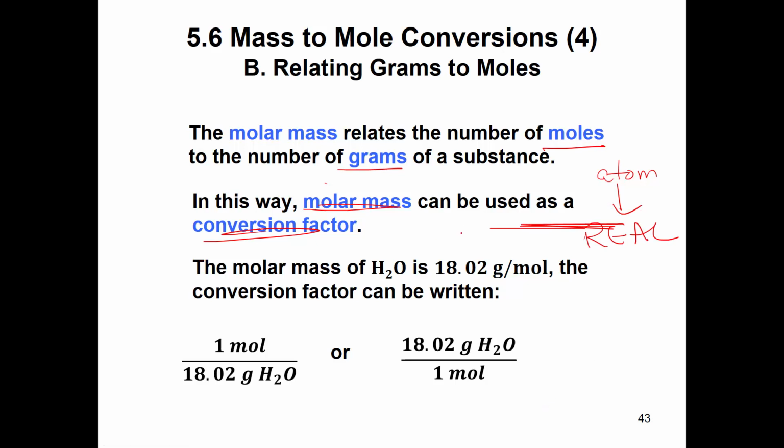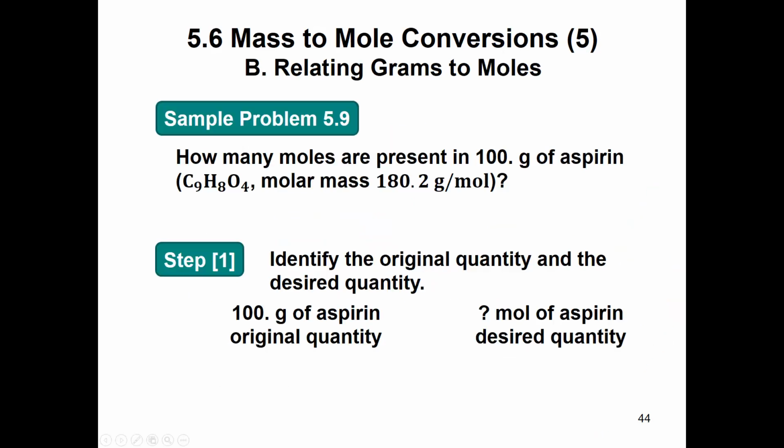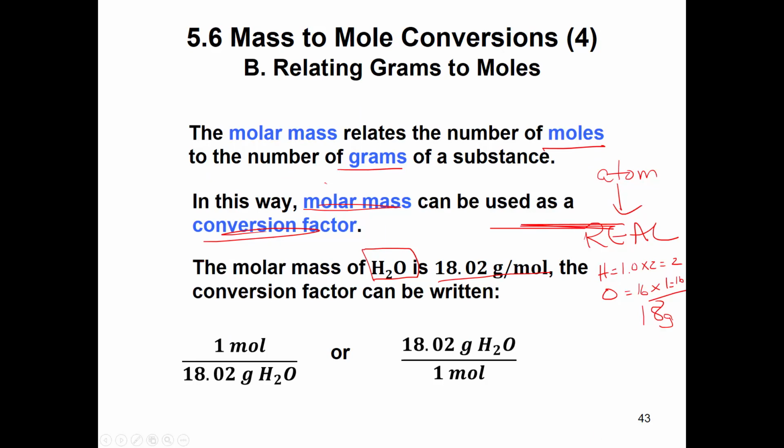So the molar mass of H2O is 18.02 grams per mole, because H is about 1 something times 2 is 2, and oxygen is 16 point something times 1 equals 16, so they give you 18 grams per mole.